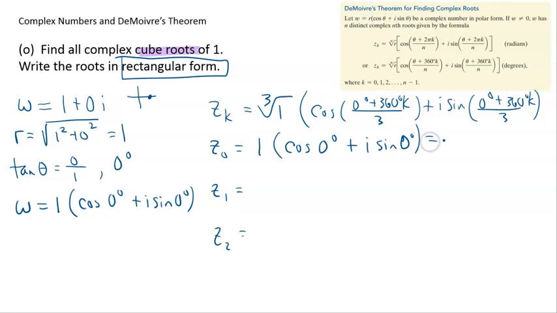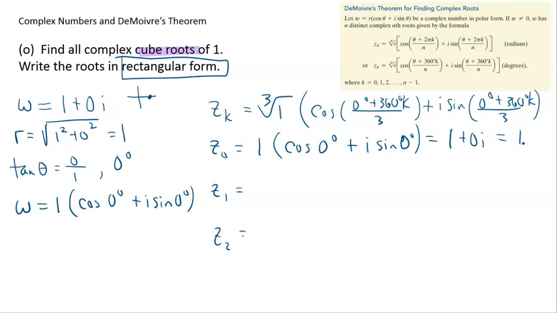If I write that in rectangular form, you can do that in your calculator as long as you're in degree mode, but cosine of 0 is 1 and sine of 0 is 0. So that's 1 plus 0i, which is really just equal to 1. That's one of the cube roots of 1. Makes sense, right? The cube root of 1 is 1.